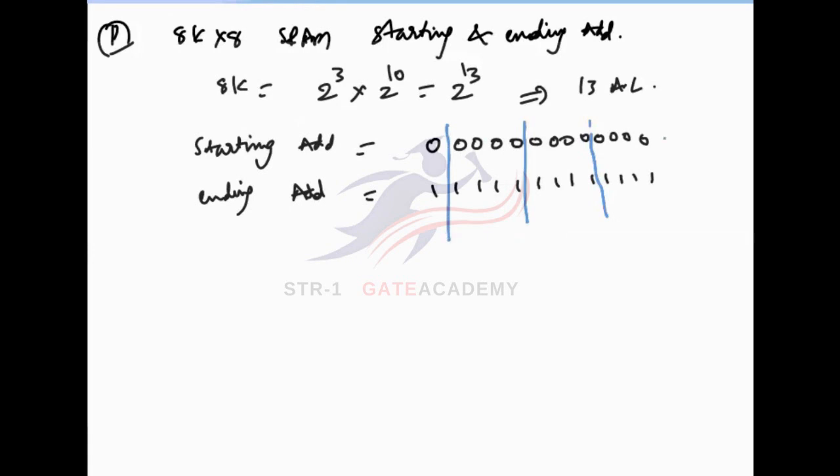Then what is the location here? 0000H. Next, the location here is 1FFFH. This is one procedure for finding starting and ending address. This depends on the number of address lines. So from the given memory, first we find the number of address lines, and from that find the starting and ending address locations.